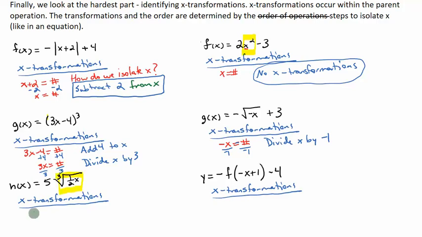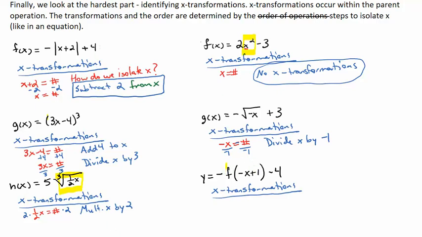Inside I have 1/2 x. To get x by itself, you could say divide both sides by 1/2 or multiply both sides by 2. Either way, it's the exact same operation. And then x will be by itself. So I will say multiply x by 2 for my x transformation.